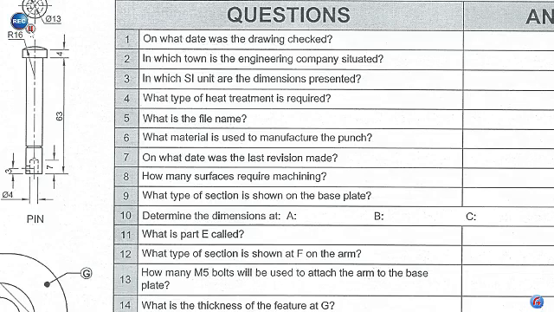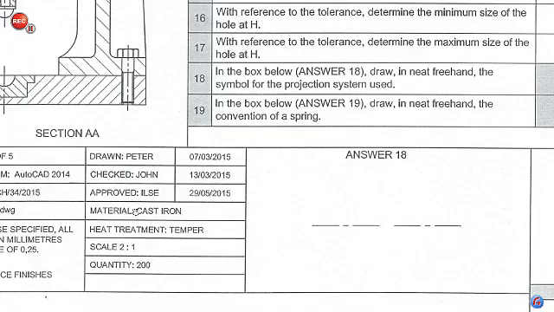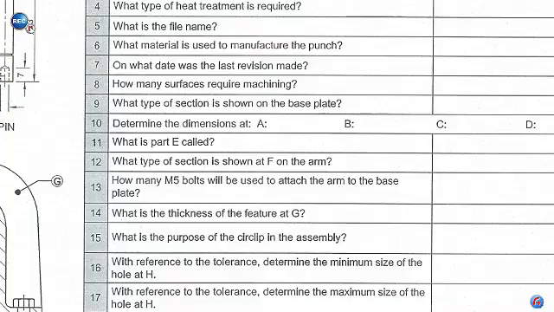Question number 6. What material is used to manufacture the punch? Let's go down to the title block and find that answer. And that material would be cast iron as your answer. Question number 7.